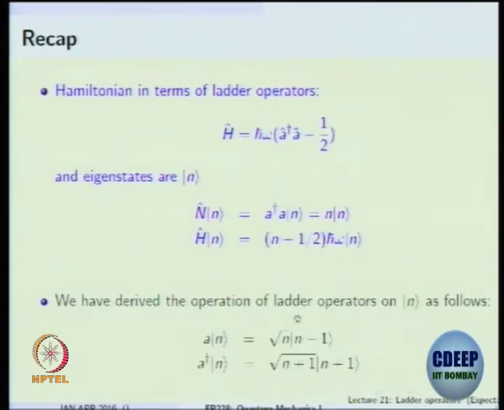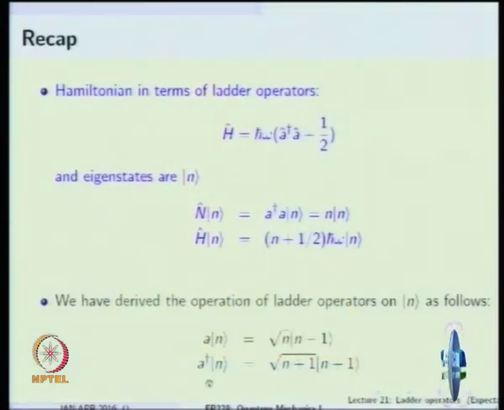This also we derived. Similarly, a dagger raises the state. By raises I mean it takes you from a lower energy state to a higher energy state, one step higher, with the corresponding coefficient square root of n plus 1.